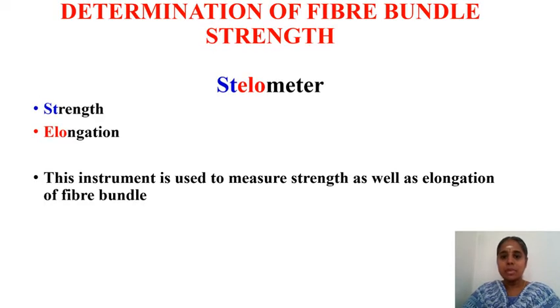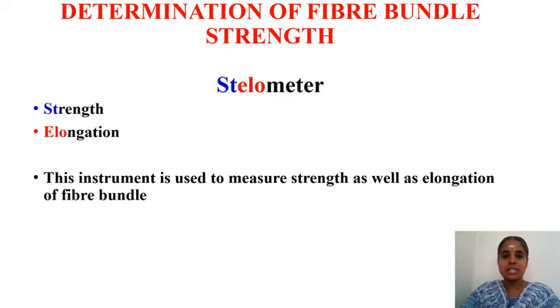So what is Stelometer? As we know, strength and elongation have to be found out for the fiber bundle. The instrument is named after strength, the letters S and T for strength testing, and for elongation testing ELO is used.